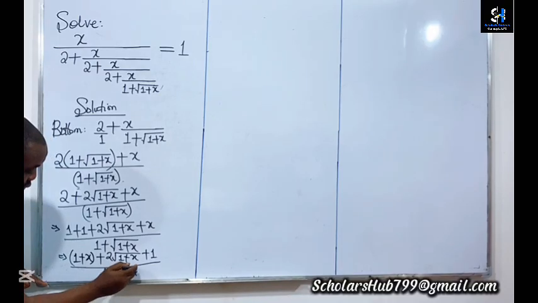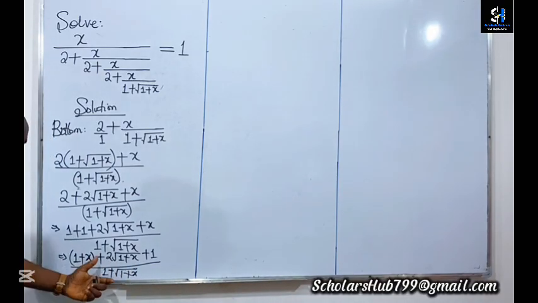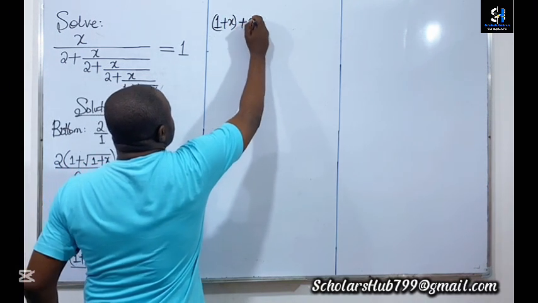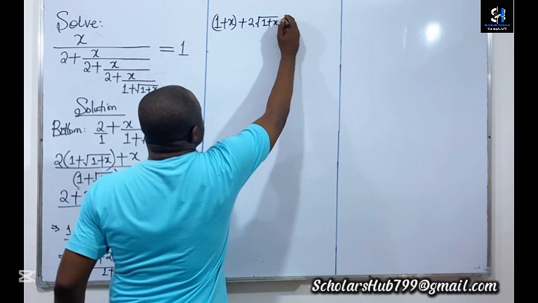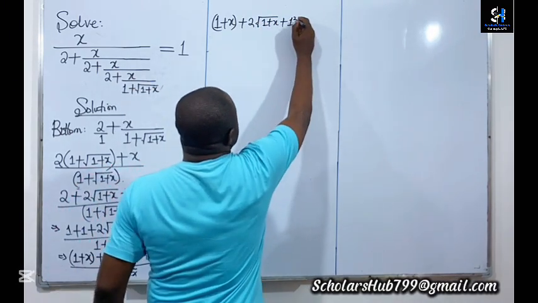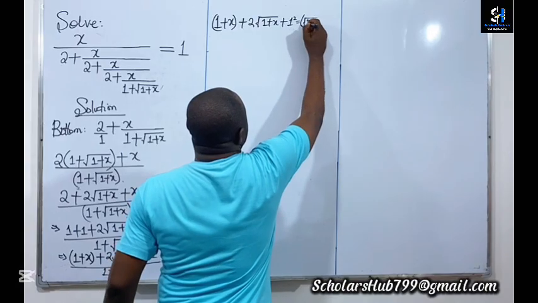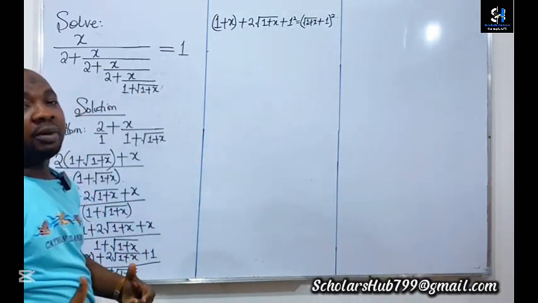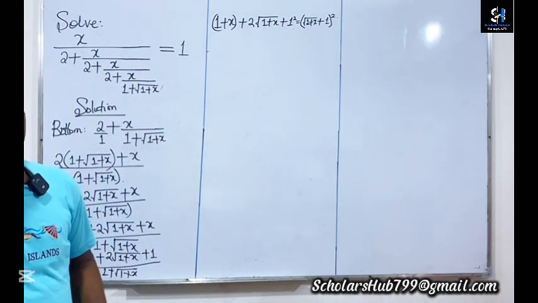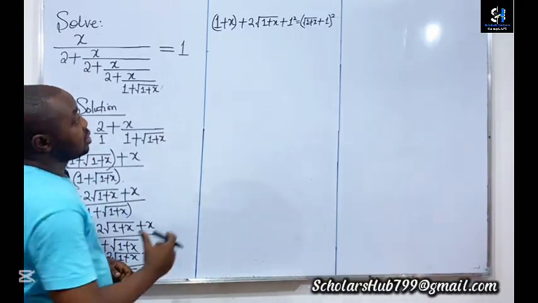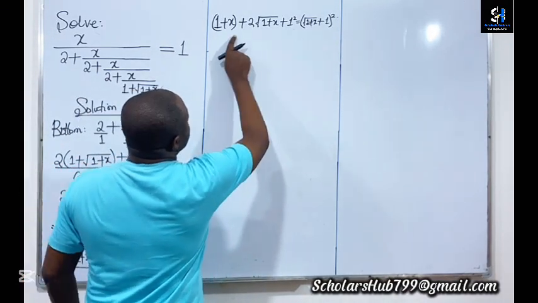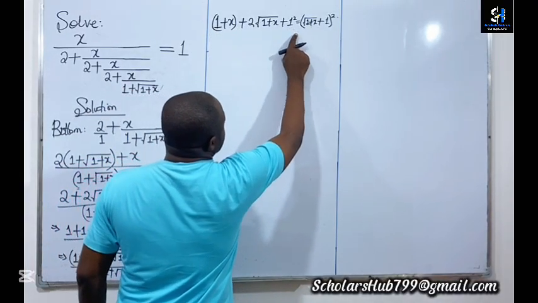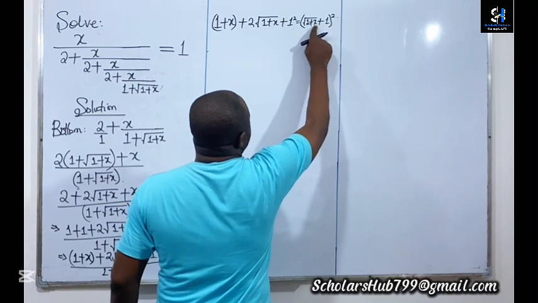So we observe that 1 plus x plus 2 root 1 plus x plus 1 is the same as the square of (square root of 1 plus x, then plus 1), if we apply the square of a sum, which is one of the formulas in basic algebra.